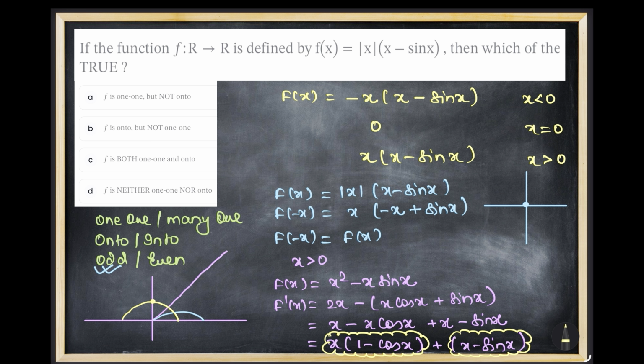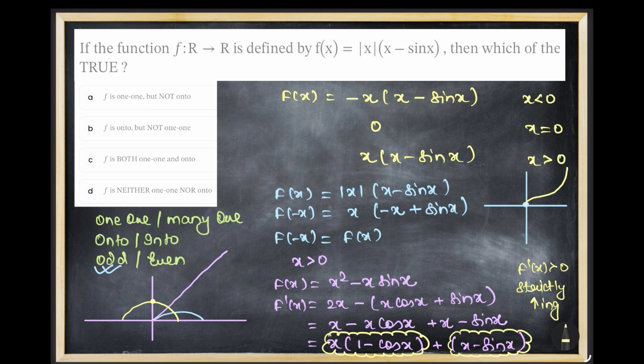So positive plus positive, this means f dash x is always greater than 0. Meaning the given function is a strictly increasing function. So if the given function is strictly increasing, don't you think it will go this way?